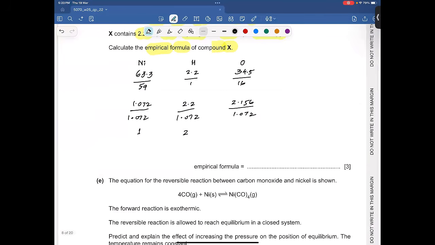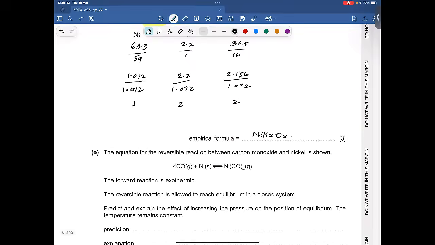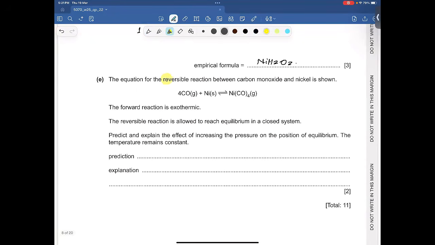The oxygen is 2.156 divided by 1.072, so it's going to be 2. So the empirical formula is going to be NiH2O2.